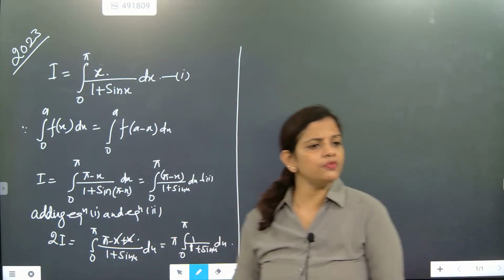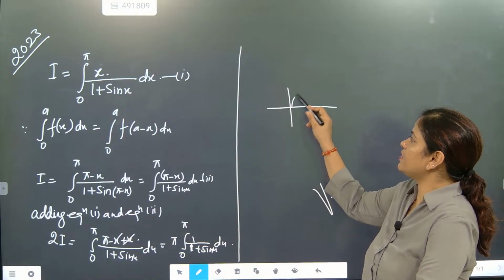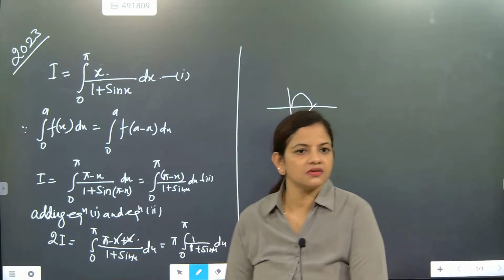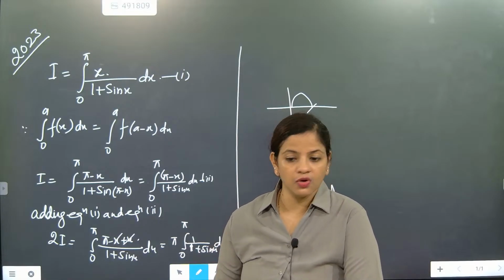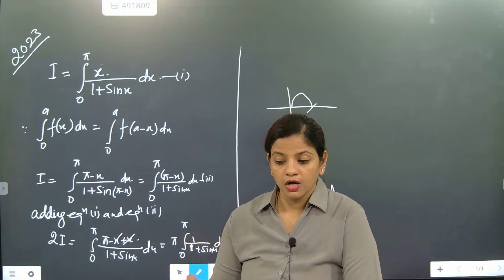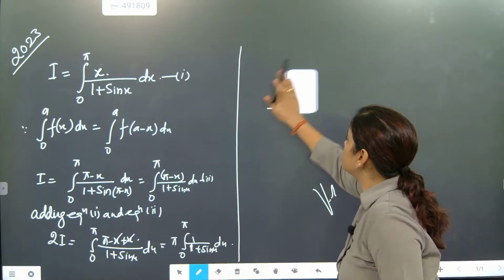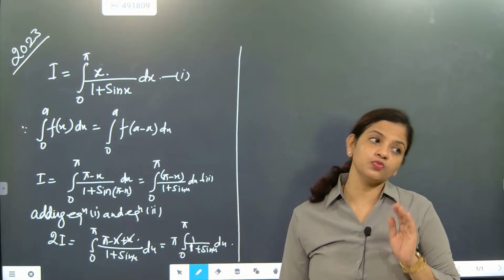But our biggest problem is when you draw this, 0, 90, 180: the sine of 180 is 0 and the sine of 0 is 0, which is not at all good. So we are going to change the upper limit. Changing the upper limit is most important.